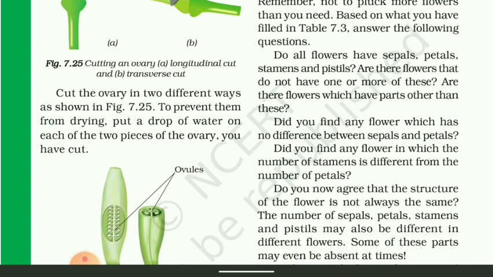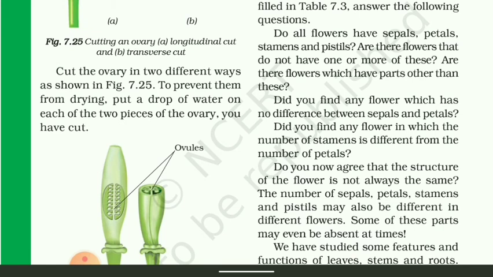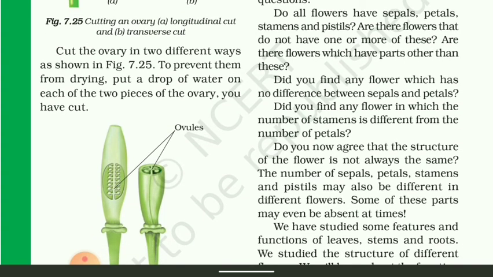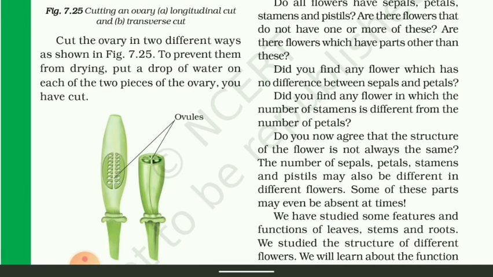Answer the following questions. Do all flowers have sepals, petals, stamens, and pistils? Are there flowers that do not have one or more of these? Are there flowers which have parts other than these? Did you find any flower which has no difference between sepals and petals?